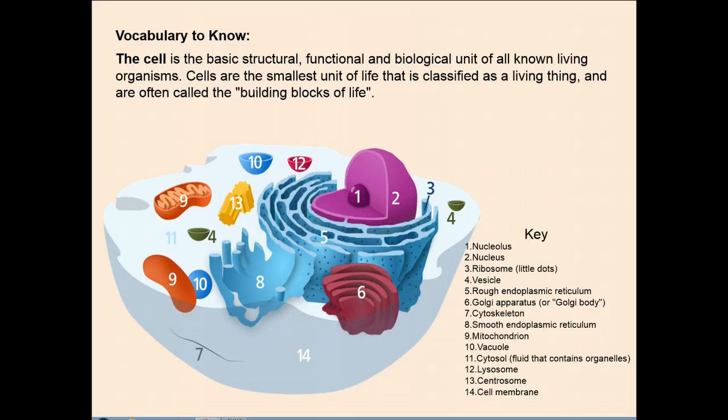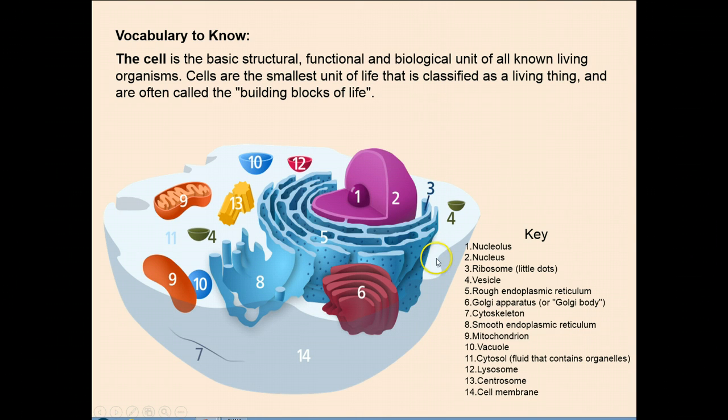So the cell, which is the basic structural, functional, biological unit of all living organisms. Cells are the smallest unit of life that is classified as a living thing, and they're often called the building blocks of life.